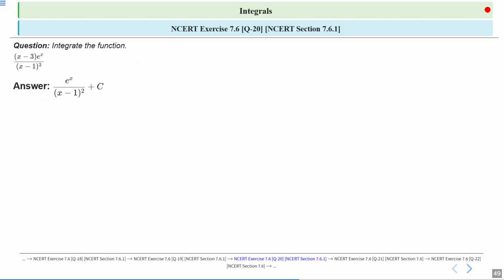So the answer is e^x by x minus 1 whole square plus c. Let's go to the solution part.